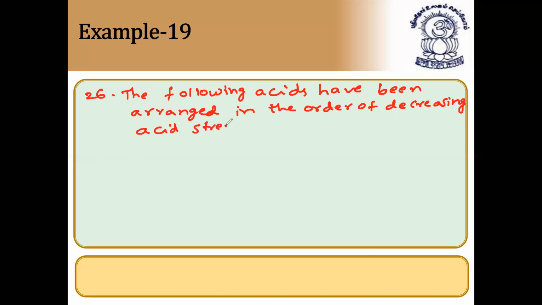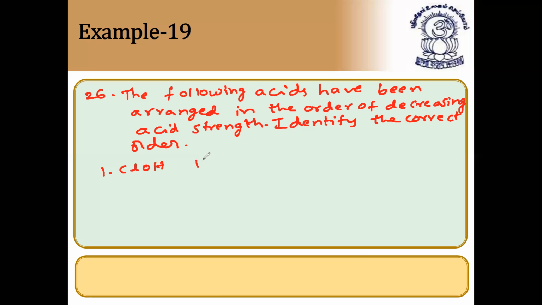Identify the correct order. The acids are ClOH, first one; BrOH, second one; and HOI, third one. Now they have given the sequences.